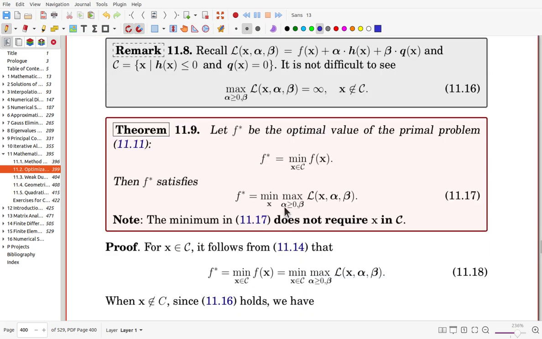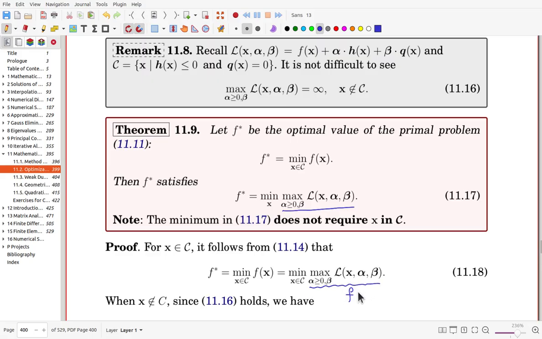For this portion, we already know from earlier that once x is inside the feasible set, the maximum is the same as f of x.